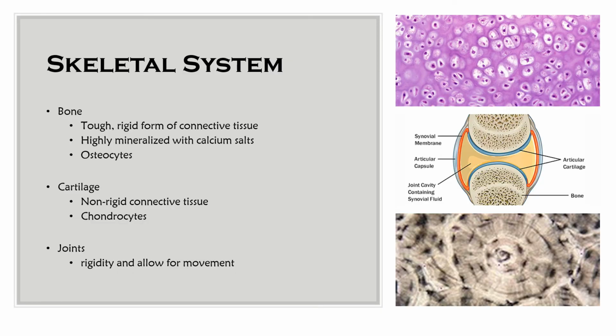Okay, so we'll just go through parts of the skeletal system. Bone is the tough, rigid form of connective tissue. It's highly mineralized with calcium salts, and it is produced by what are known as osteocytes. Now, some of you might be a little confused as to the difference of an osteoblast and an osteocyte.